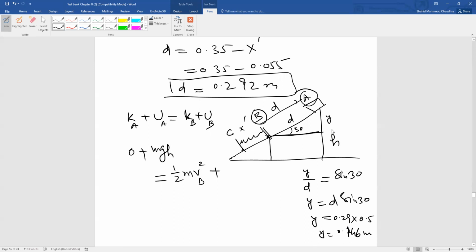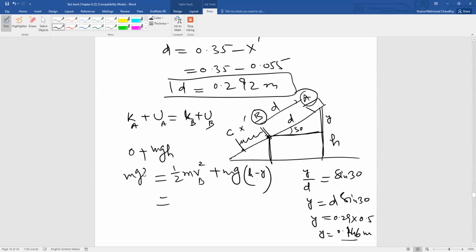Okay, so if we have the Y value, then we can write here mg into h minus y. We have the Y value, we have the h value, every value we have.